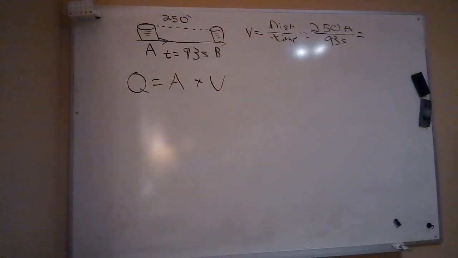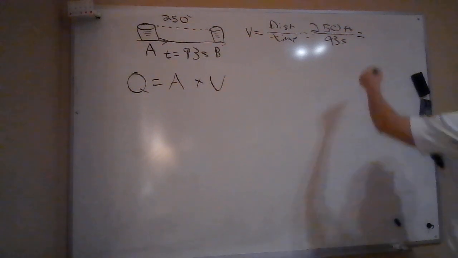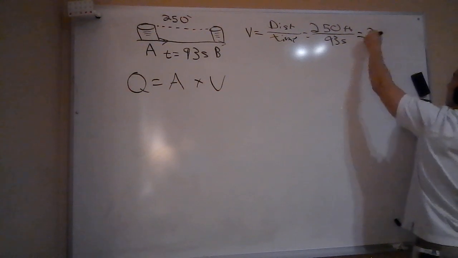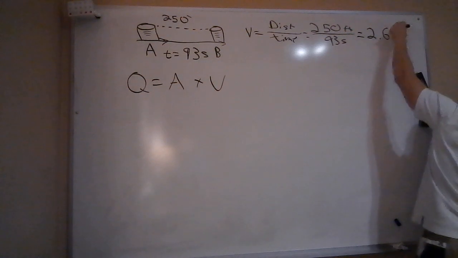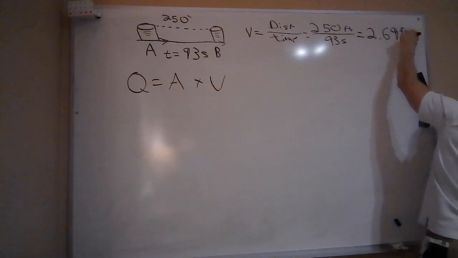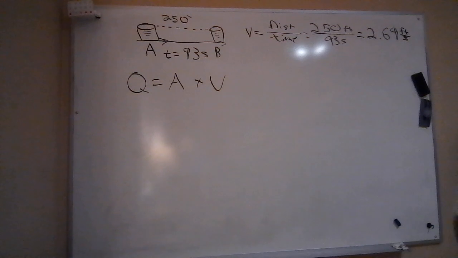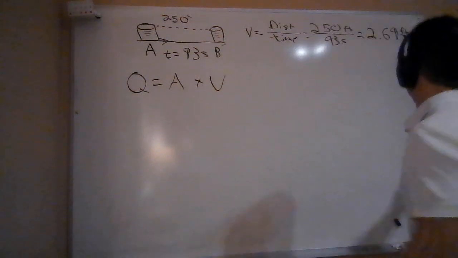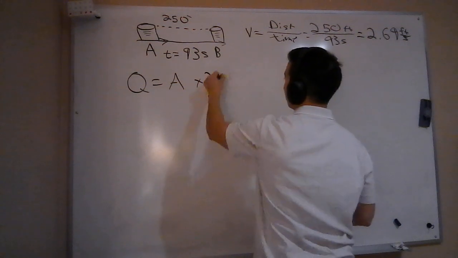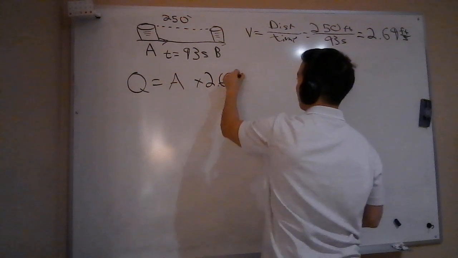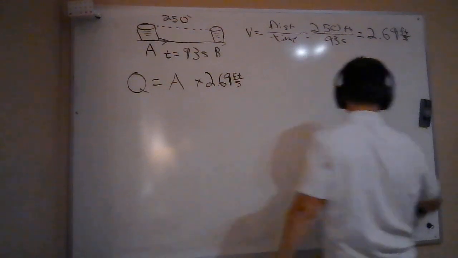So in this example right here, we pull out our handy dandy calculator. I do 250 divided by 93, and I get a velocity of the water traveling at, we'll call it 2.69, and those units are feet per second. Right? So that becomes our velocity right here, 2.69 feet per second.